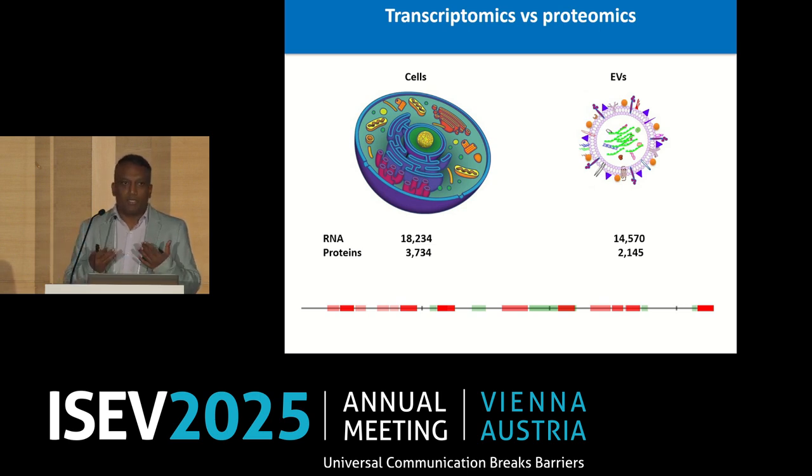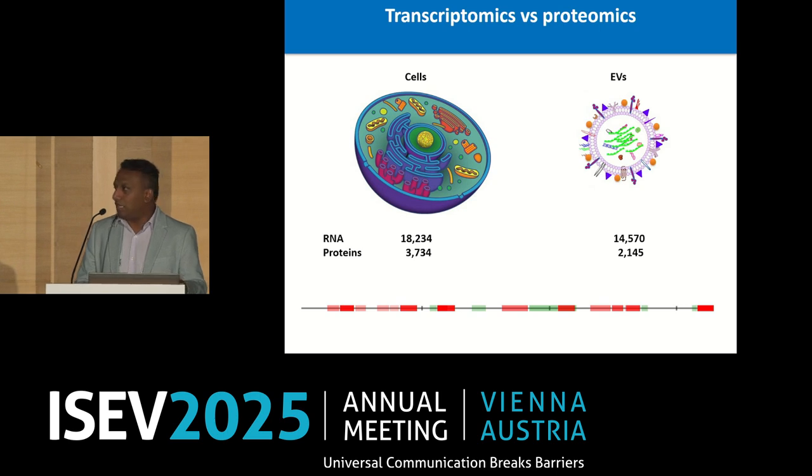But the protein biochemist cannot amplify the proteins per se, so you're working with very little amount of proteins. The low-abundance proteins are normally not identified unless you enrich for those proteins in your mass spec preparation. Hence, when you do a cell-based analysis, you can identify 18 to 19,000 RNAs, but the proteins are normally, let's say, 4,000 to 5,000, unless you do more enrichment for identifying more proteins.